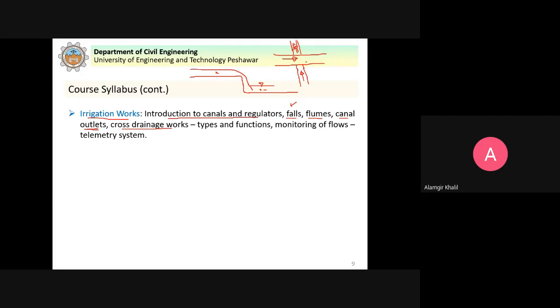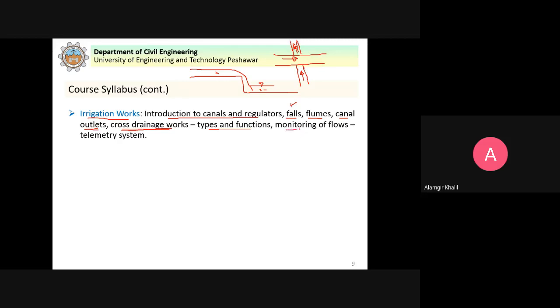This is called level mixing. Or we have to carry this canal above, which is known as an aqueduct. Or we have to carry this canal below the natural drain or stream, which is known as a siphon. So these are collectively known as cross drainage works. These are actually small chapters: canal falls, canal outlets, cross drainage works. We will study their types and functions.